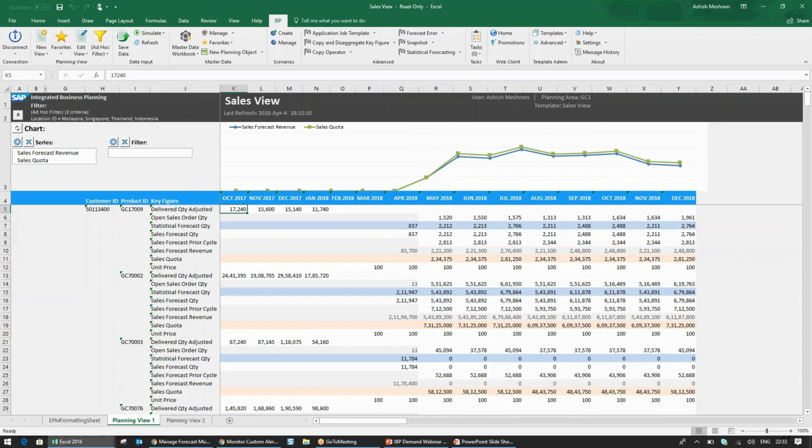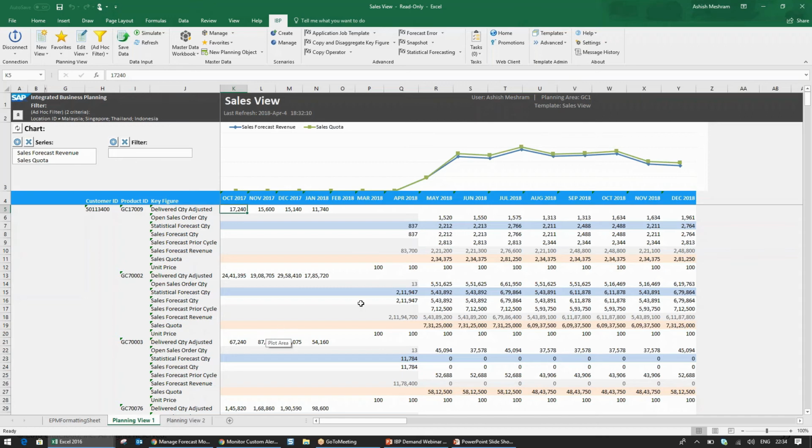So as a sales representative, he can add input based upon his experience on the customer and the product, on top of the stat forecast quantity that is being derived by the system.